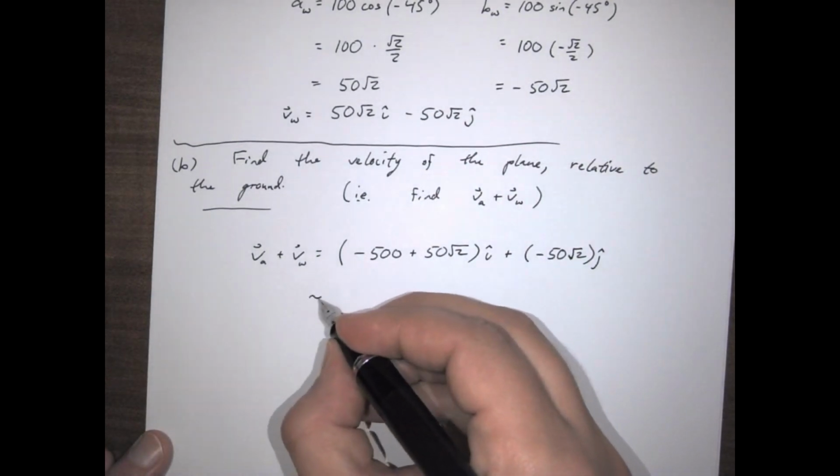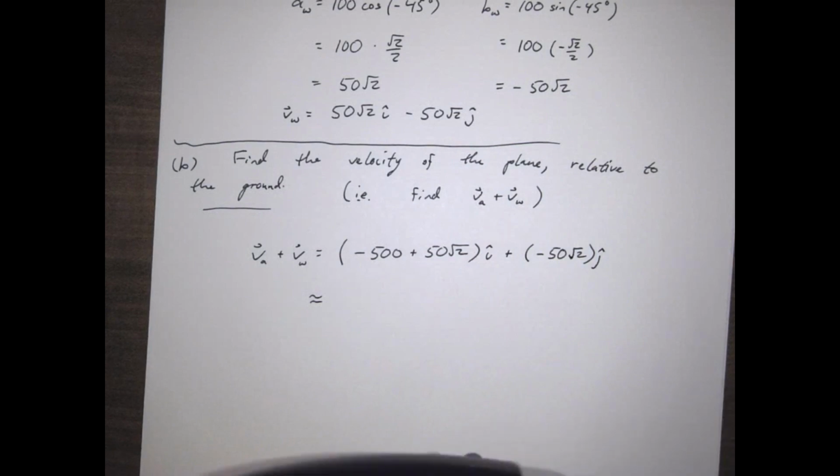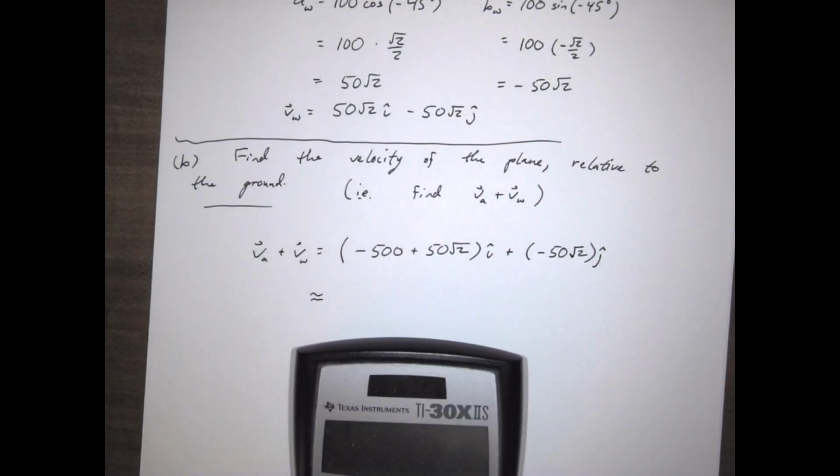Okay, and then approximately speaking, let's just figure out what those are. So that is negative 500 plus 50 times the square root of 2.